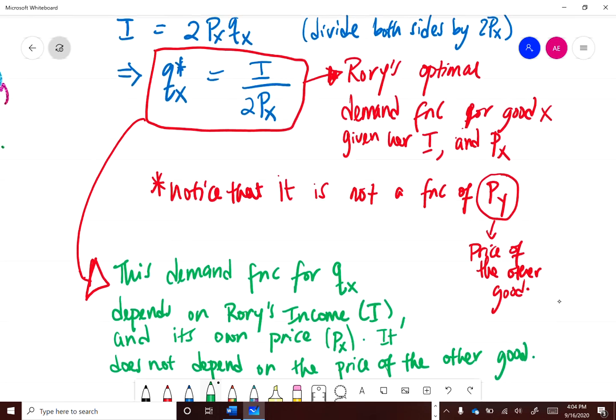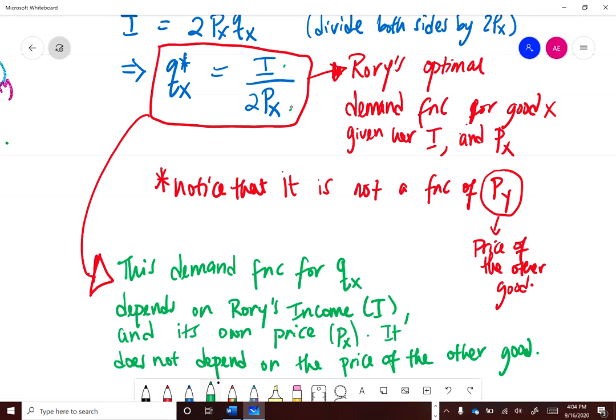And we see that here. On the right hand side, we only have income and price of the good X. And this is for Q of X.